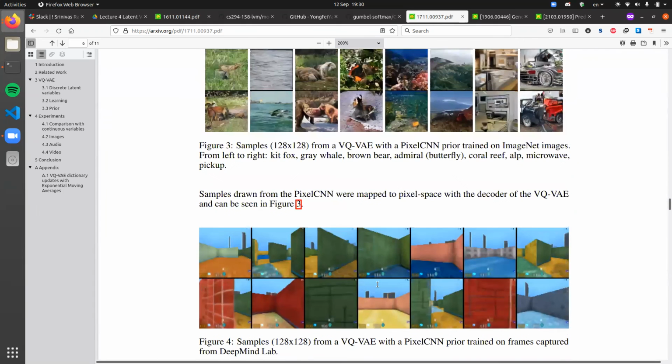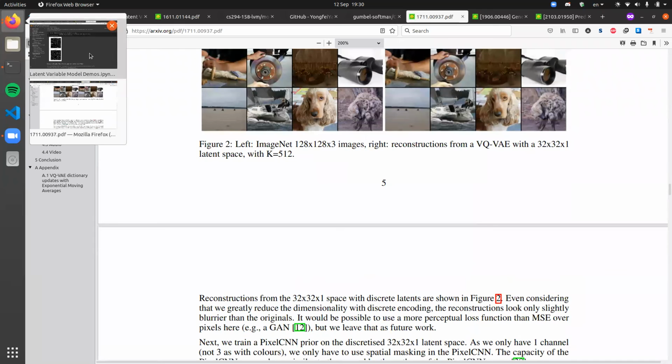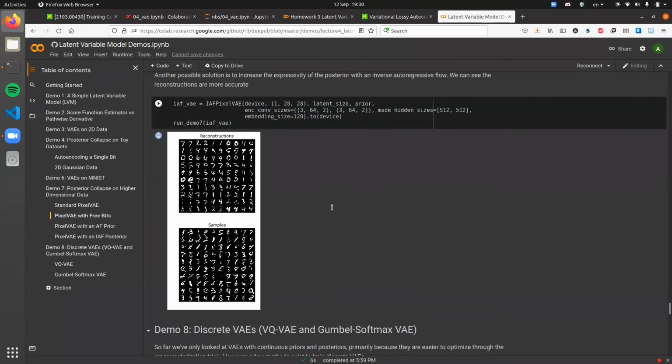And also, there is a paper called Pixel VAE, and what the authors do in that paper is a bit more complex compared to what we have in this homework.